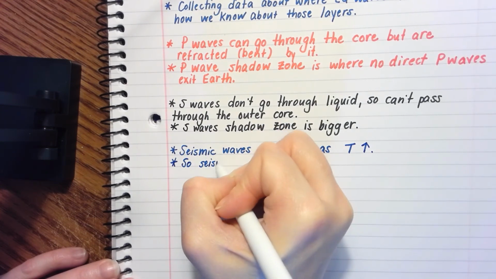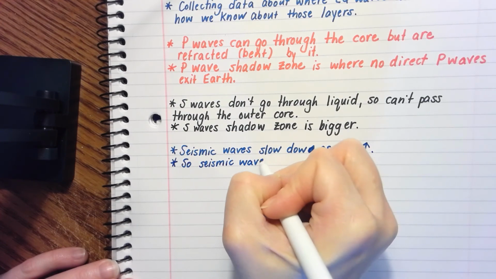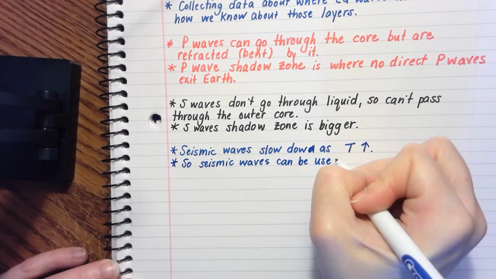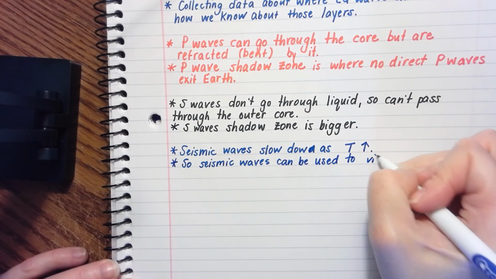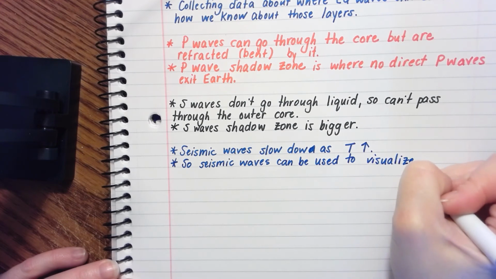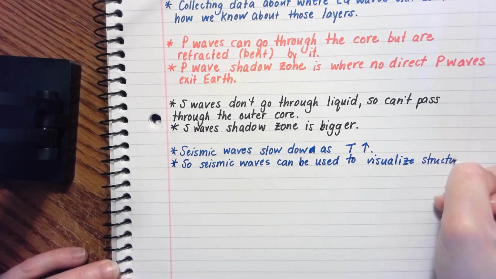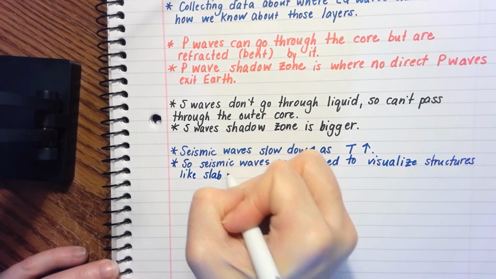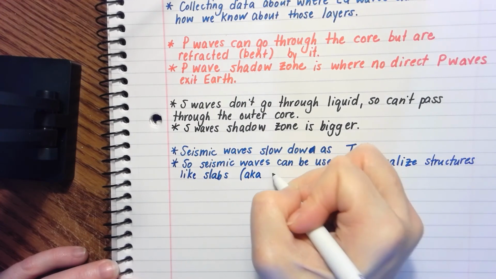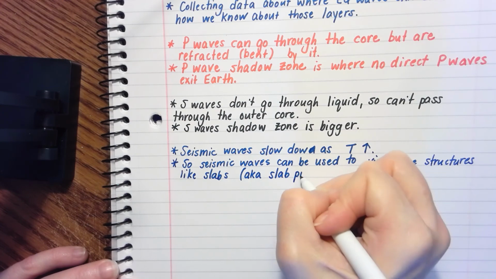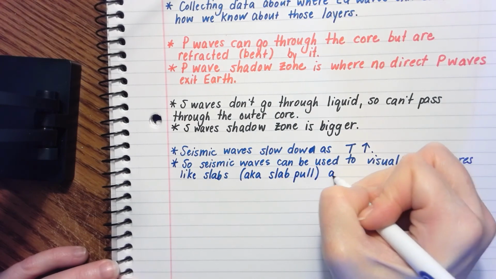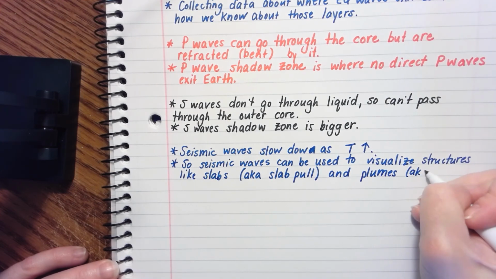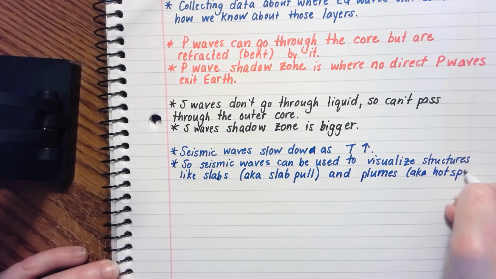So seismic waves can be used to visualize structures like slabs, also known as slab pull. We talked about that back in the plate tectonics chapter. And plumes, also known as hot spots. And we talked about that during the volcano chapter.